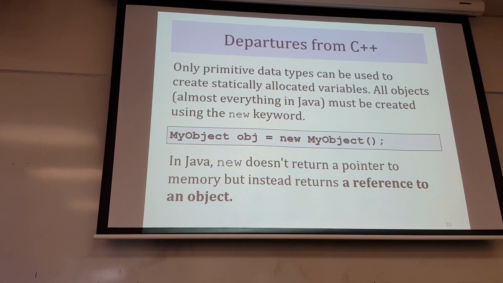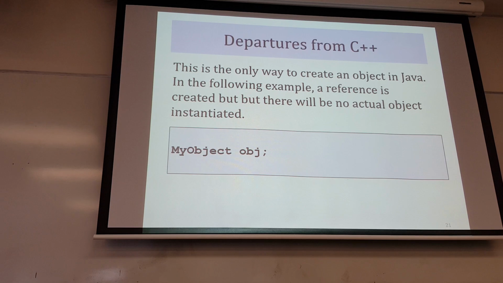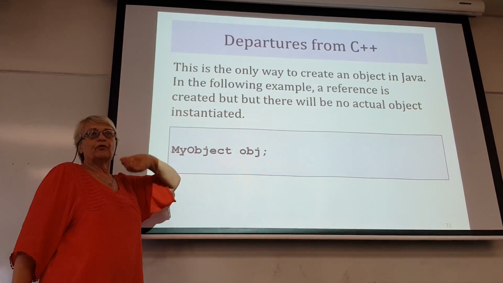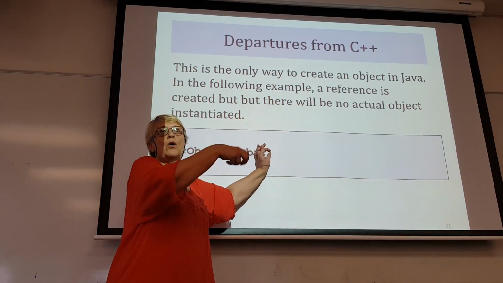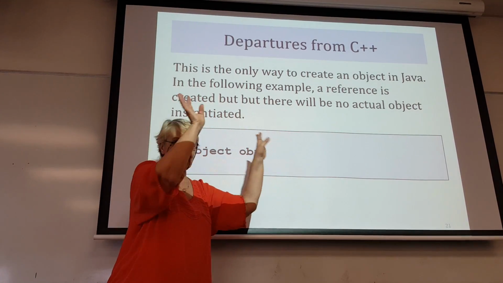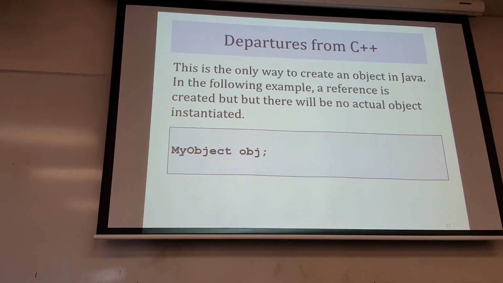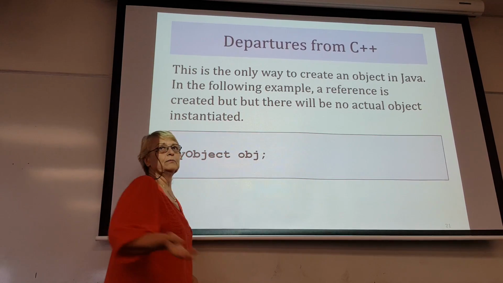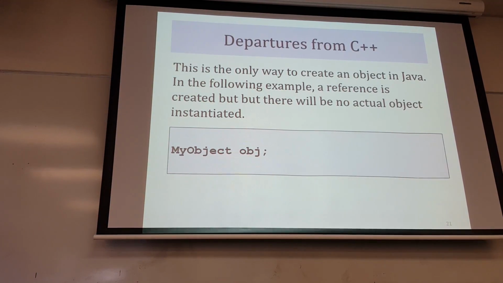They are called references to an object, and they are all defined on heap. The only way to create objects in Java is to use new. This is an incomplete definition. If we leave this and we try to invoke a method on this object, things are not working. You can, in your mind, say, oh, this is like I declare a pointer to something. But it doesn't point to anything, so it's not complete.